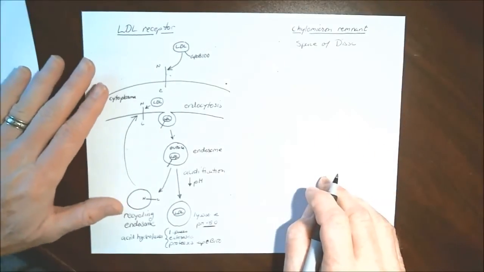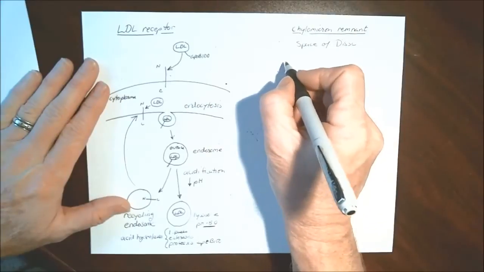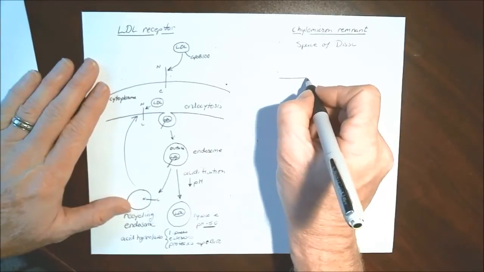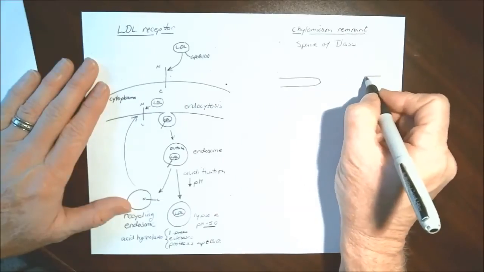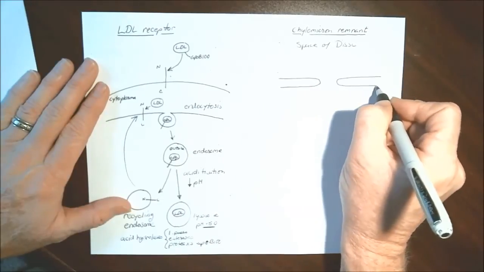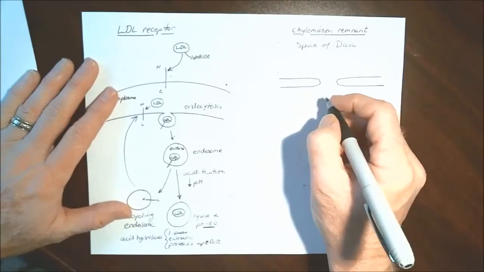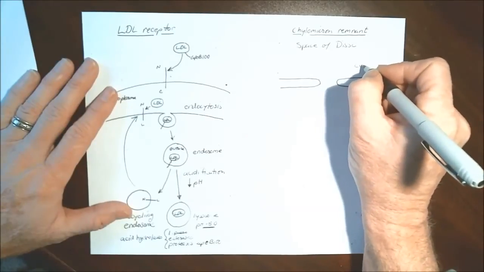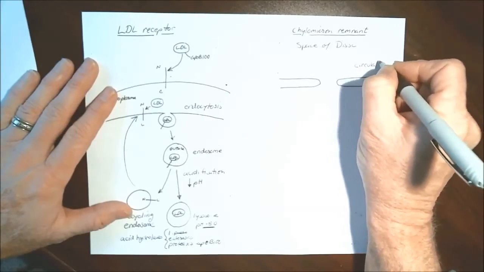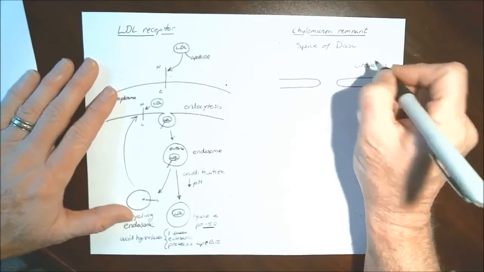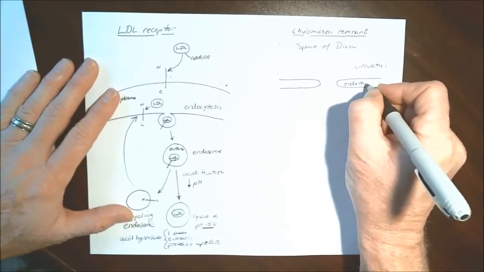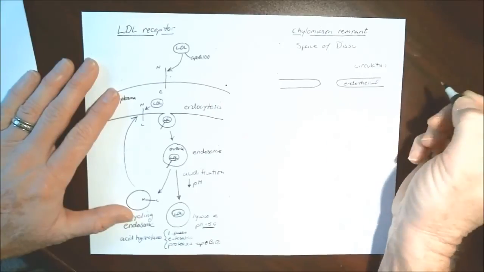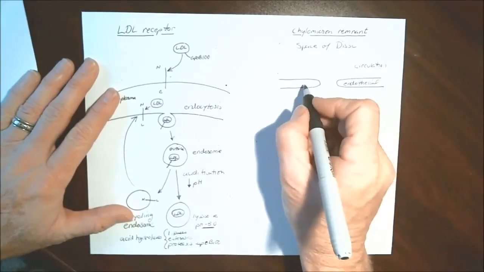The space of Disse is a space that is localized on the surface, between the surface of the hepatocyte and the circulation. So if the circulation is up here at the top of our drawing, these are endothelial cells, both of these structures.